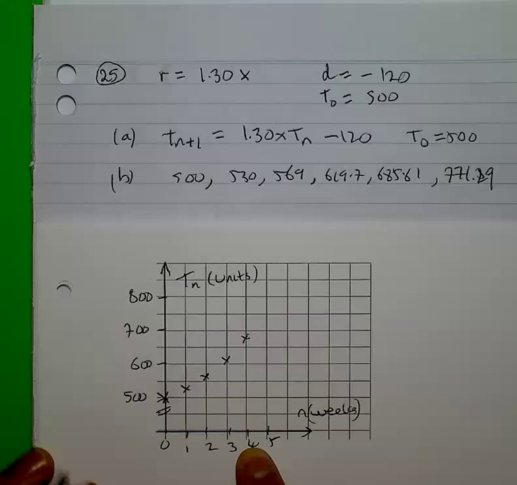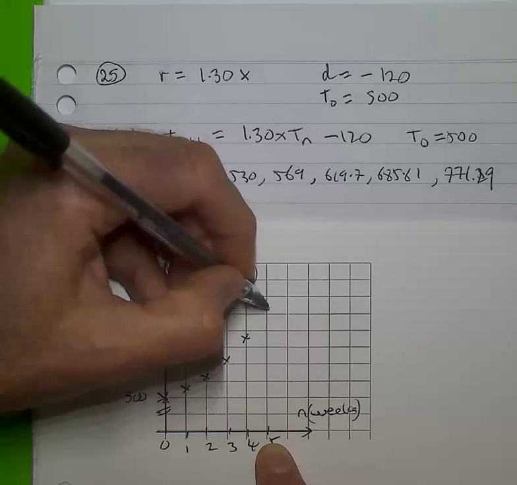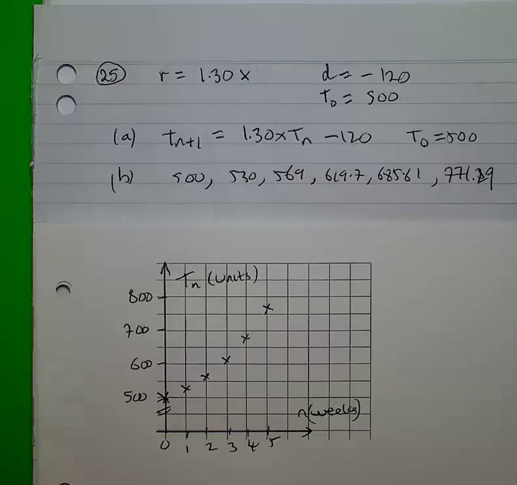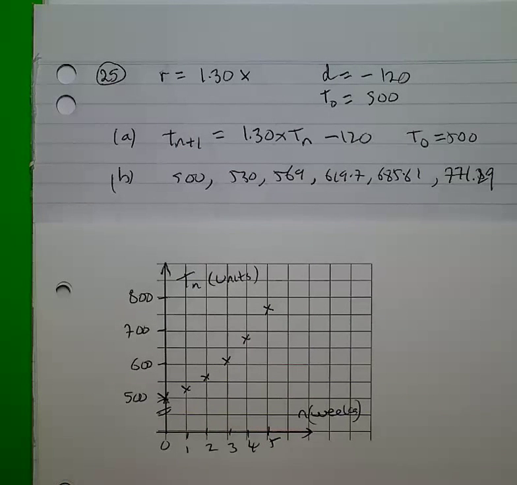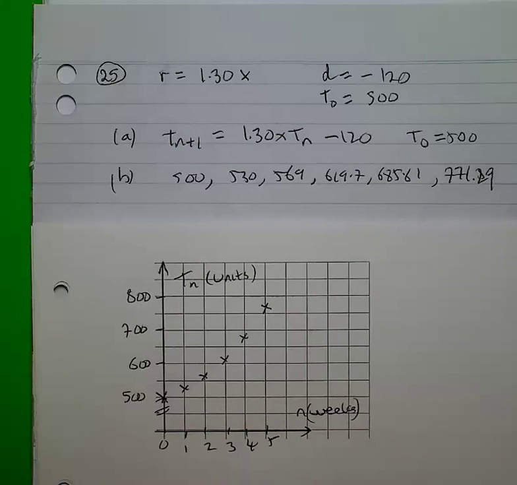I could continue that if I've got 771, so I'll continue that through to there. So you can see the graph is quite easy to generate. When it comes to tests and exams, you will be asked to replicate your graphs as you go.